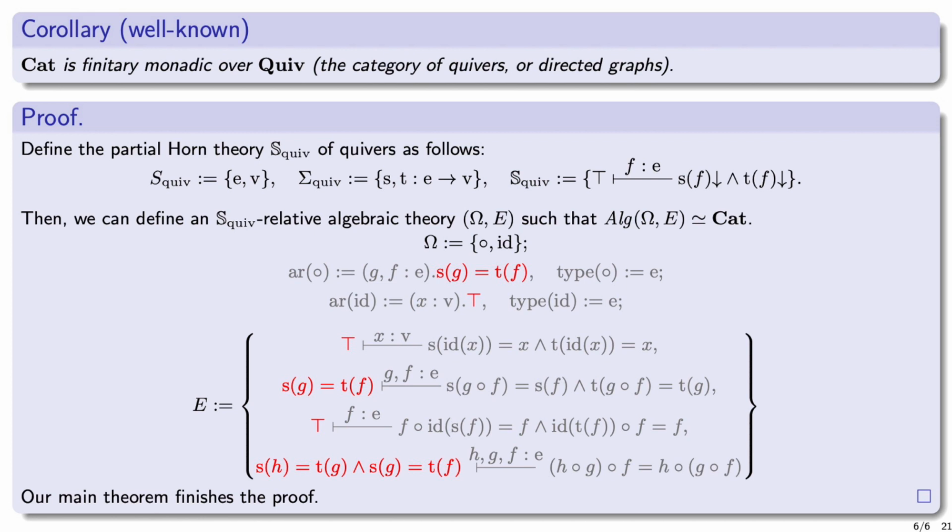And second, the preconditions of actions are also written in the quivers language. So this is a quiver relative algebraic theory. Since quiver relative algebraic theory is equivalent to finite monads on quivers, this finishes the proof.